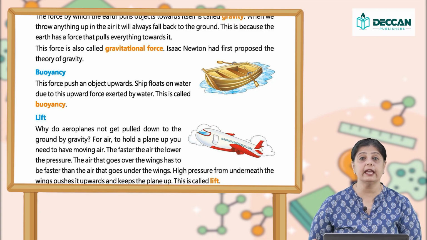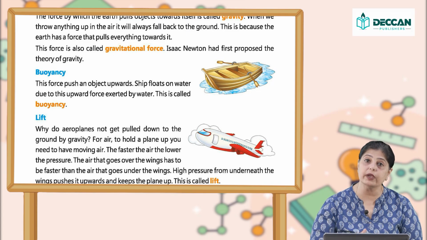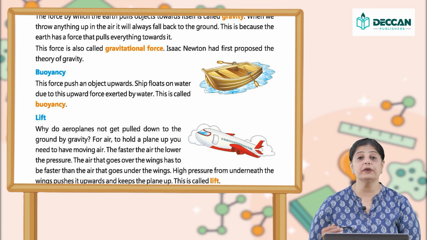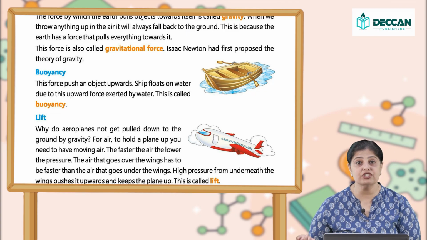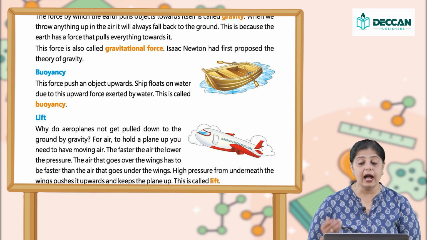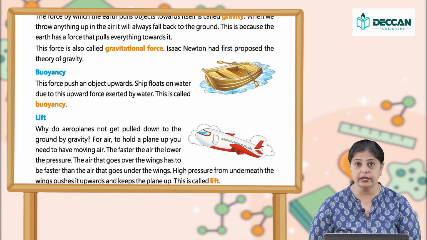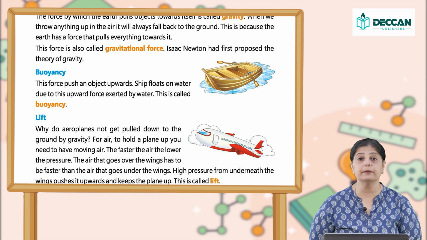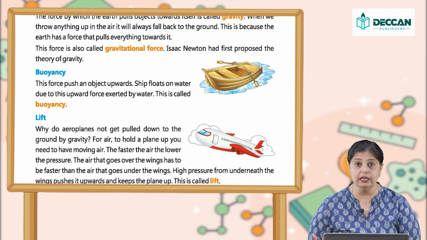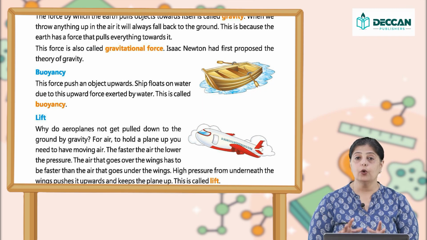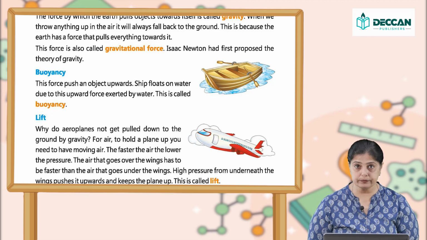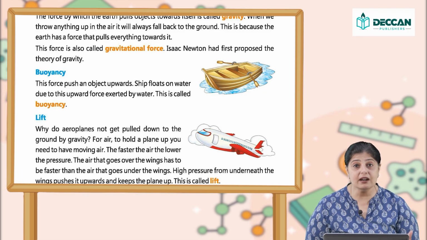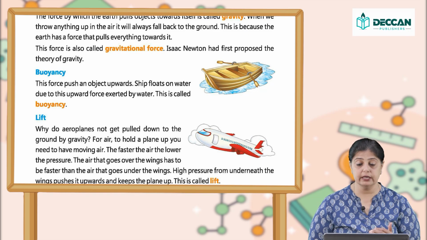Whatever air goes over the wing has to be faster than the one under the wing. Now, high pressure from underneath the wings pushes it upward, okay, and then keeps the plane up. Now, this is called lift. So what happens is, the faster the air moves, the lower the pressure.